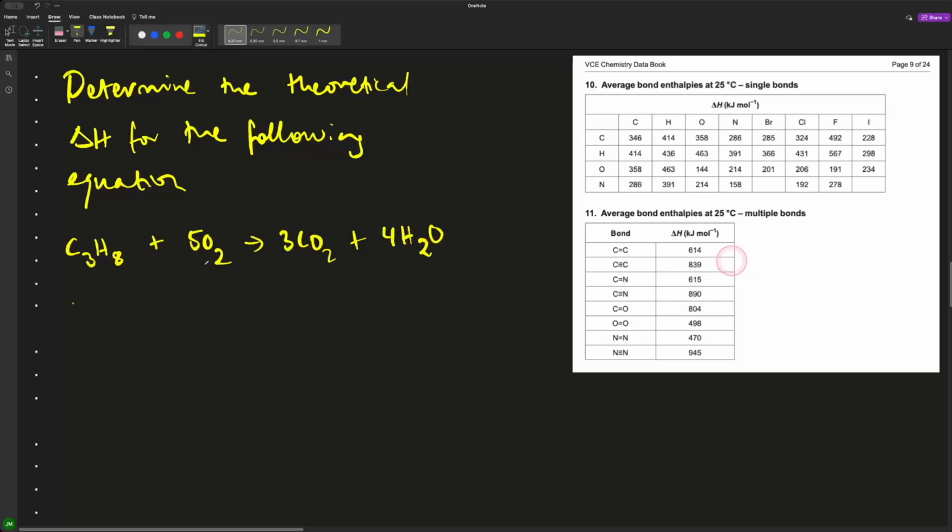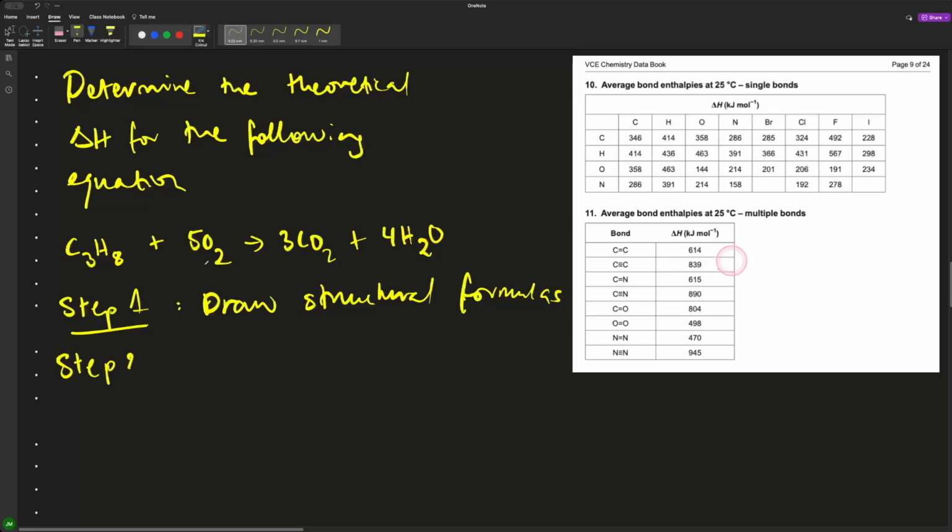The first step we're going to do, let's break this up into steps. So step one is we need to draw structural formulas for everything. What this is going to allow us to do is figure out what bonds are actually being broken. Okay, now step two is we then need to figure out the sum of all bond enthalpies.